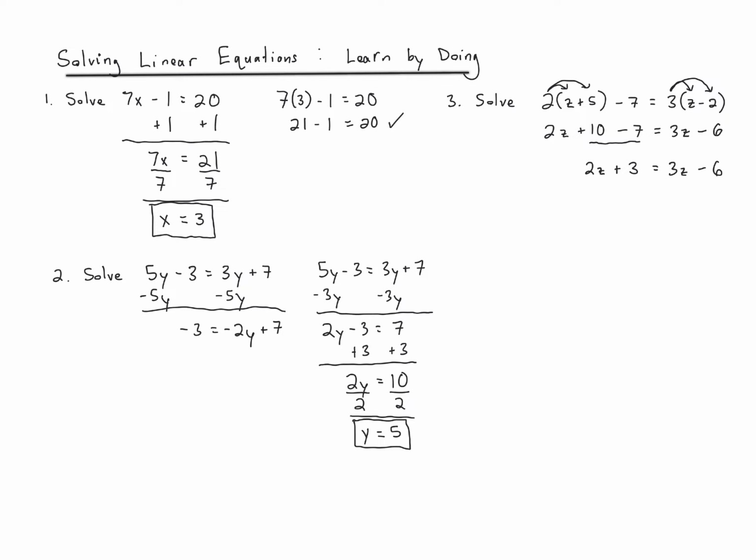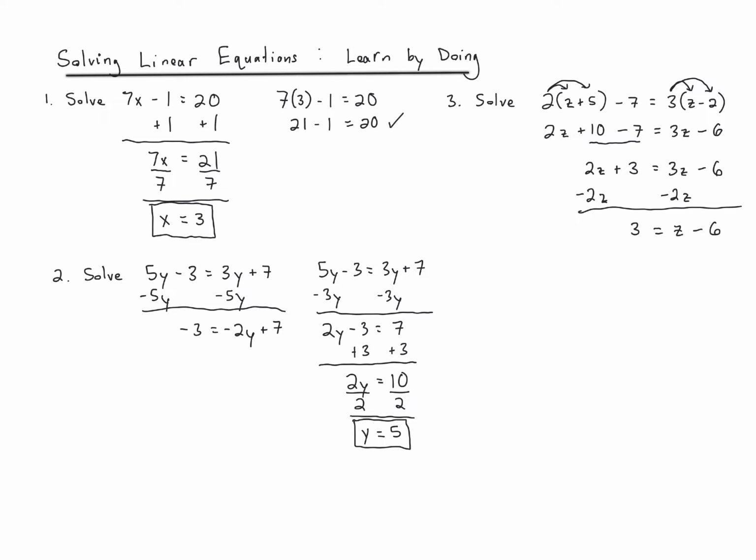In this case, we can eliminate the 2z on the left-hand side by subtracting 2z from both sides. And when we do that on the right, 3z minus 2z is 1z, or just z. And because that has a positive coefficient, we like that more than the other option. Now, on the left-hand side, 2z minus 2z is 0, so those cancel, and we're just left with 3.